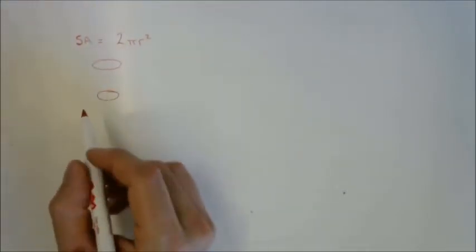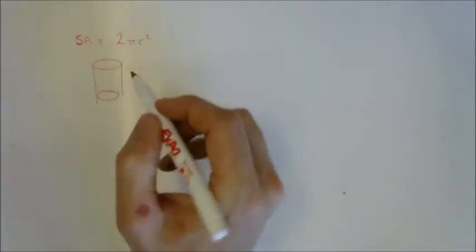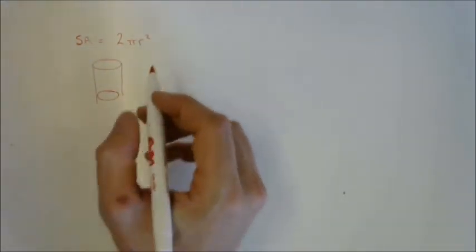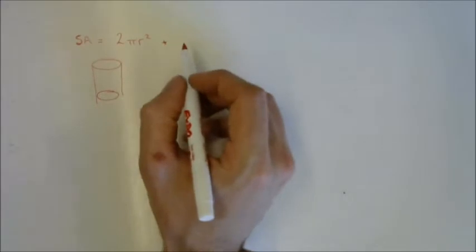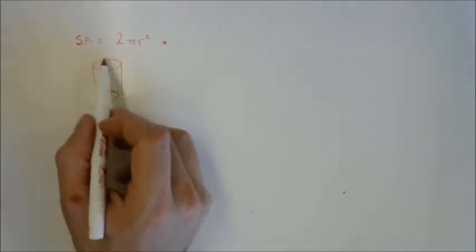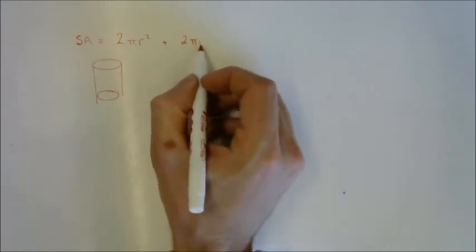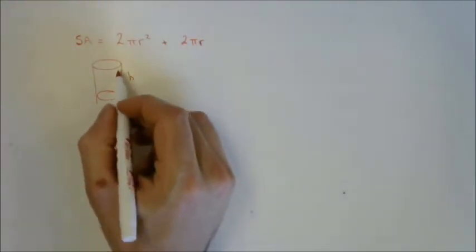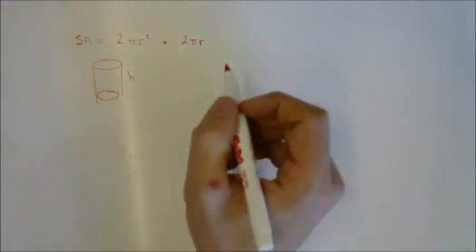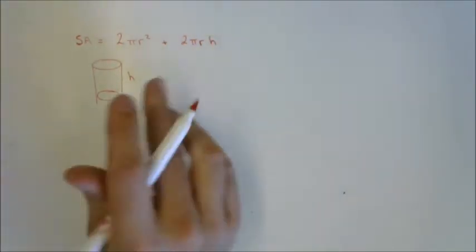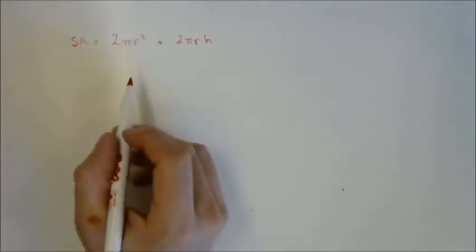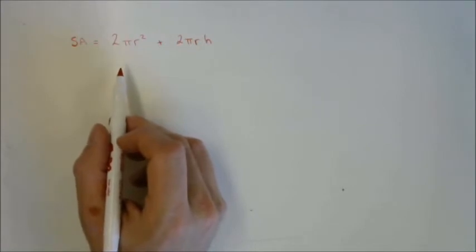Then it has this rectangular wraparound, and we already figured that out. That's basically just the circumference of the circle, which would be 2 pi r, times the height of the can. So there's our formula for the surface area of a cylinder.